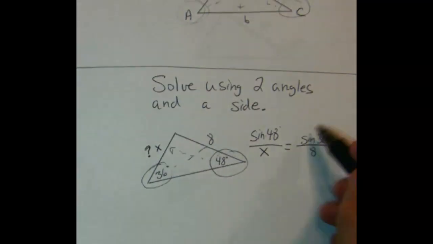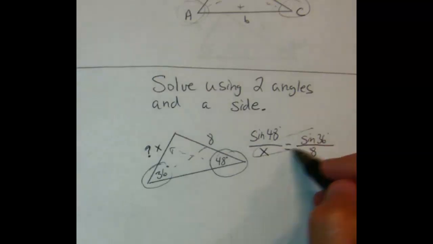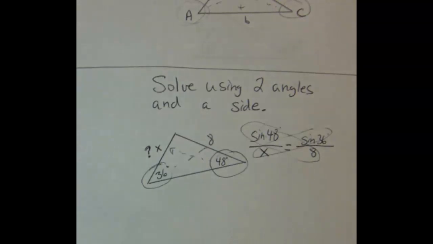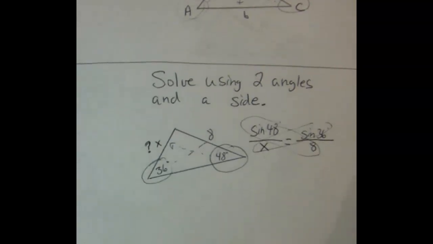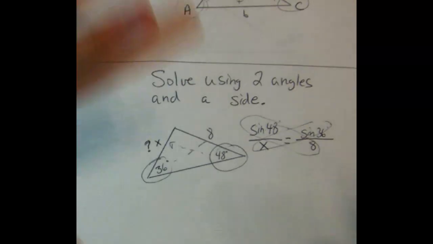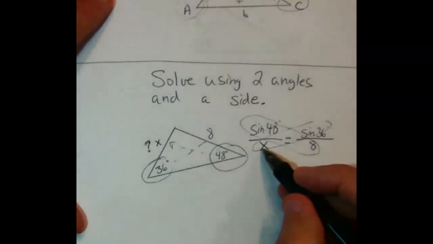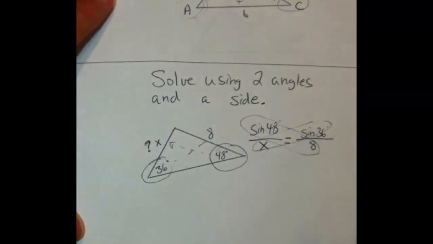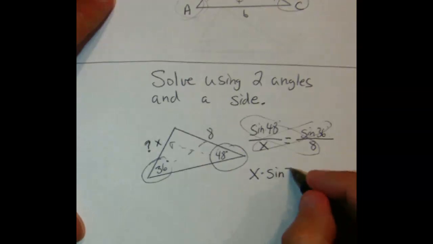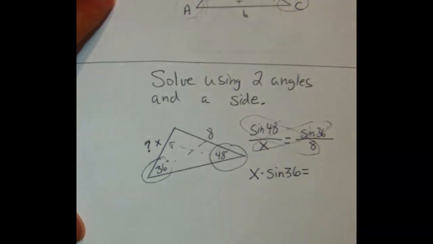Now here's where the tricky part comes in. We're going to have to do a proportion. When we do a proportion, it's easy to set up, but since a lot of you might not have a scientific calculator, we're going to use our cell phone. I'm going to show you how to use your cell phone calculator to solve this with no problem. So I have x times sine 36 equals 8 times sine 48.